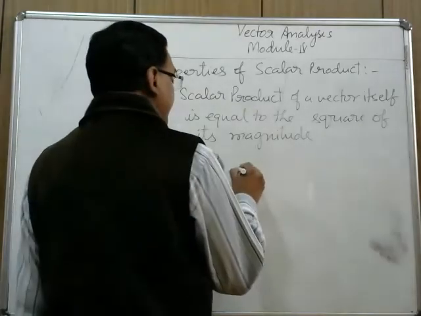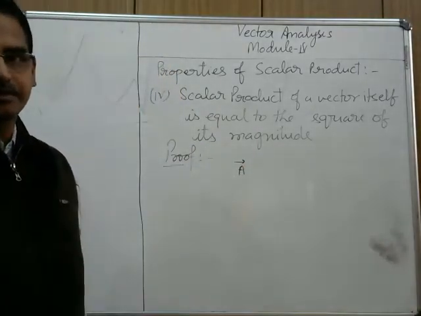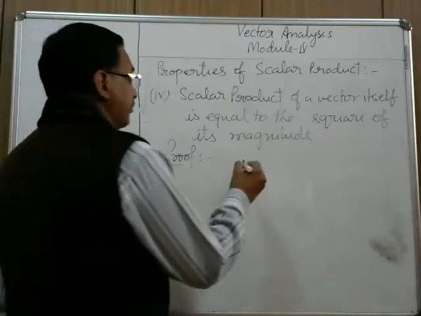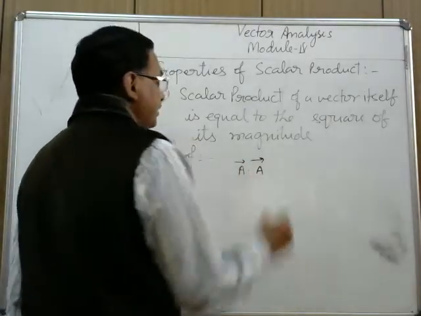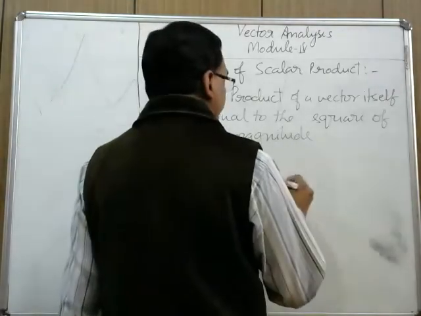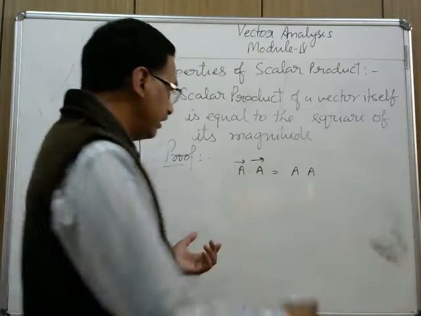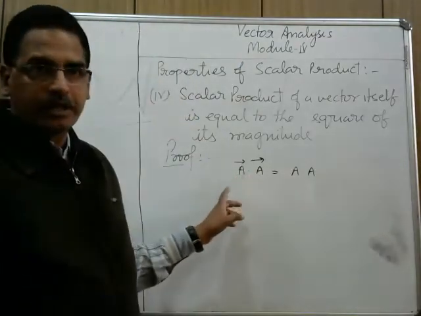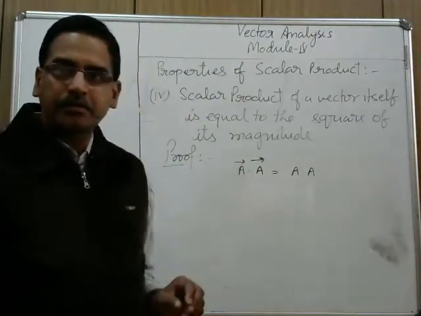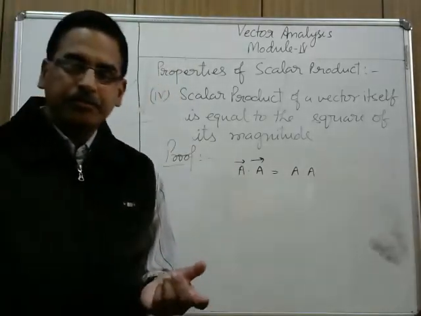Let us consider a vector A. The magnitude of vector A will be A itself. Now, a scalar product of a vector with itself means A dot A. This equals A into A. Since this is the product of a vector with itself, any vector will make an angle of 0 with itself.